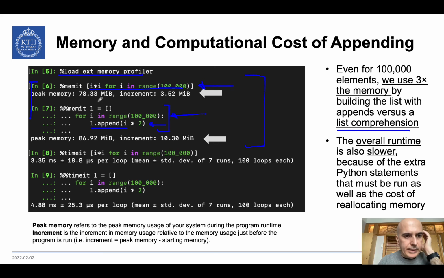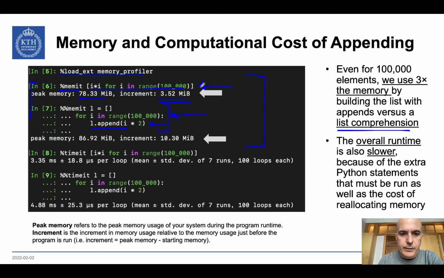When we look at the memory usage given by the %memit command, we get two numbers. One is the peak memory and the other one is the increment. The peak memory is basically the maximum memory that we are using in our code. So it's not very useful, it's just one value. The most important value here is actually the increment, that is the difference of memory usage between the peak and when we start running our code.